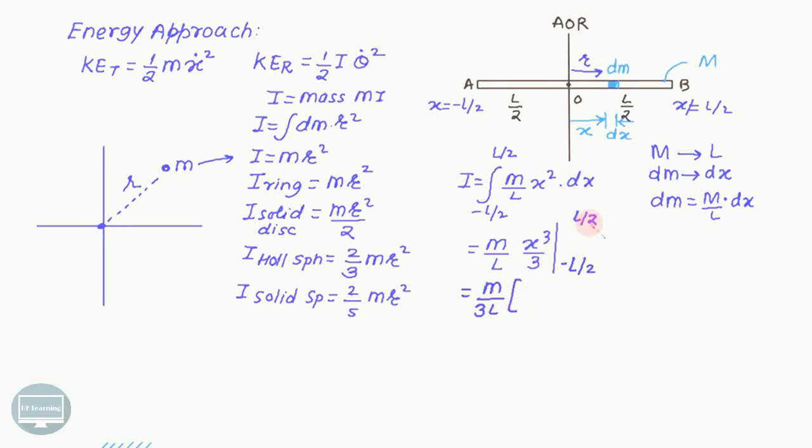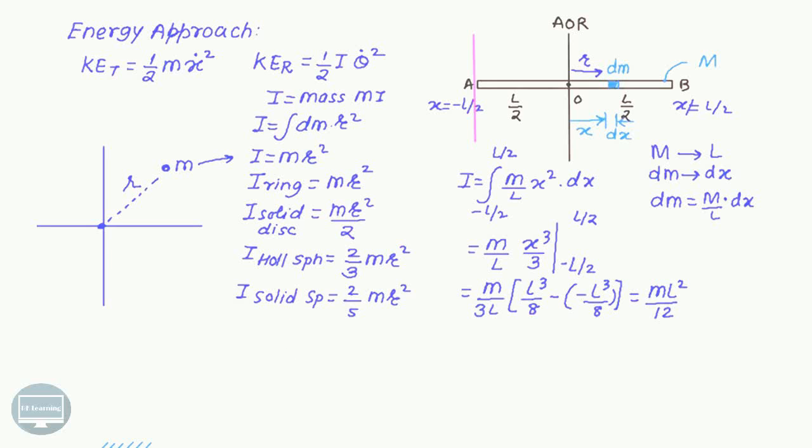The first term is L by 2 cube, which is L cube divided by 8. The second term is also minus, so this becomes plus, and again L cube divided by 8. You can solve this and check that your answer is M L square by 12.